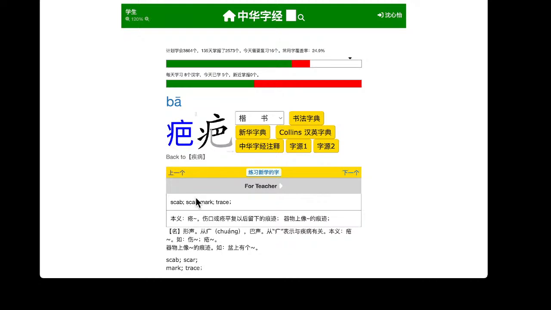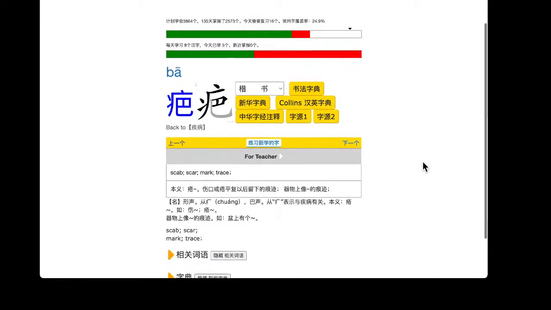Ba means a scab, a scar, a mark, or a trace. So any of these things left over in the healing of a wound. Inside is ba for the sound. And also has a meaning of like dried up or stuck on, like ganba would be dry and parched, that sort of thing.